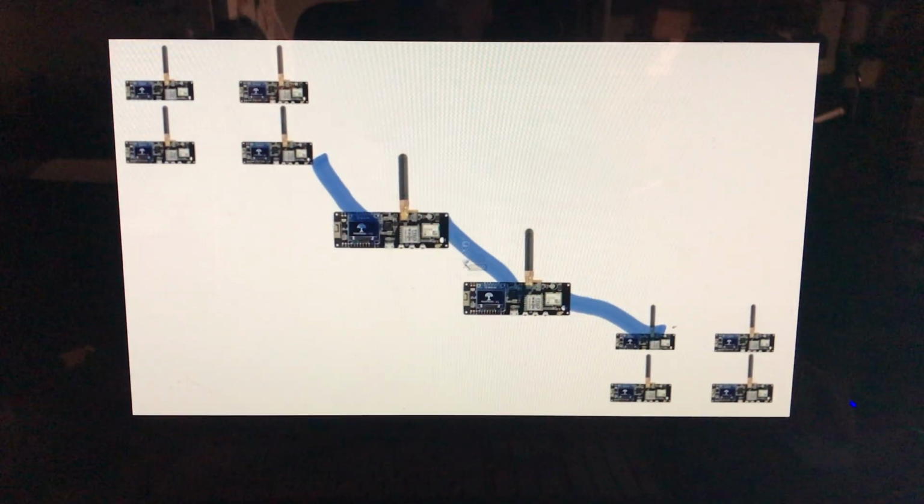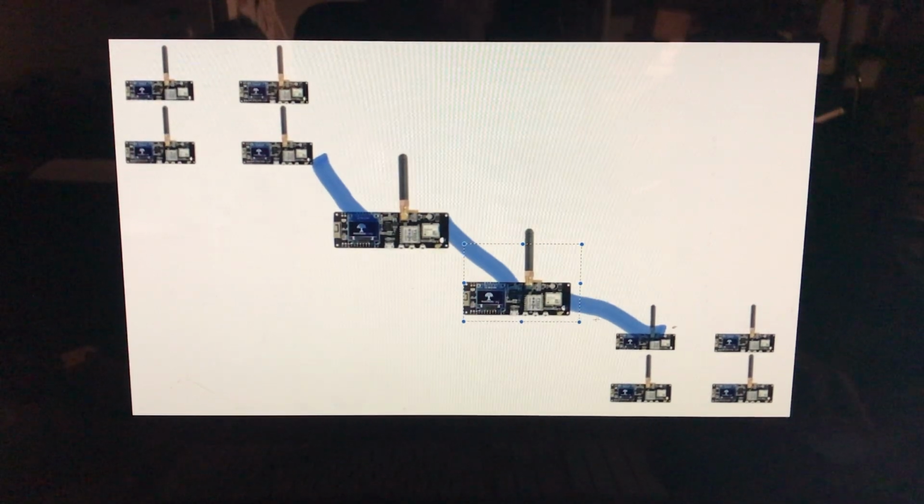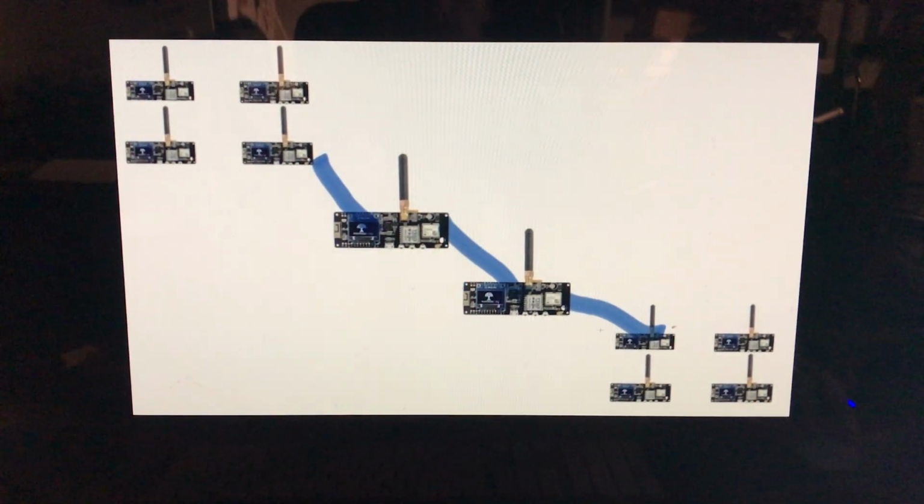This node then hops it to this node. That's 2 hops. This node here hops it to this node here. 3 hops. And then this one hops it to these 3 here. This is 4 hops.